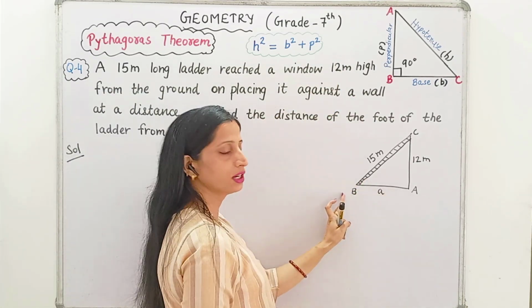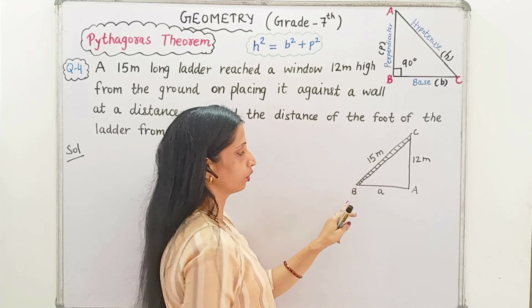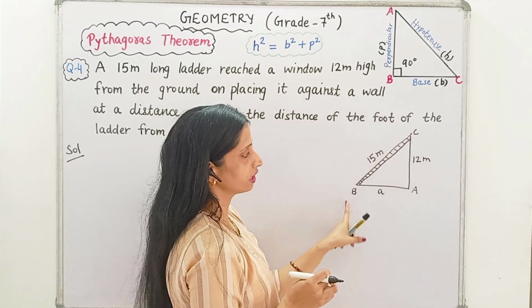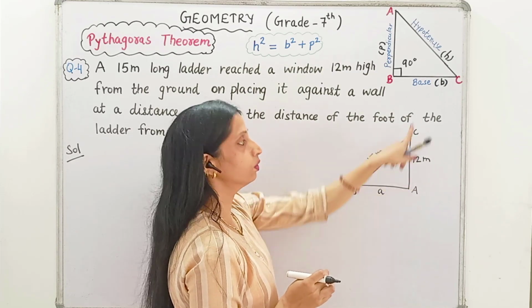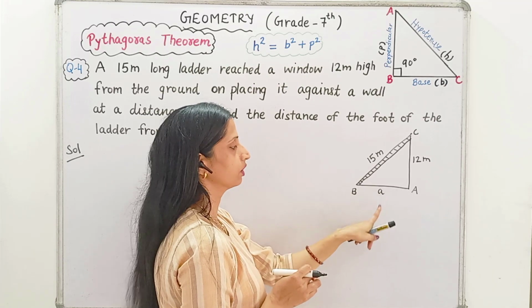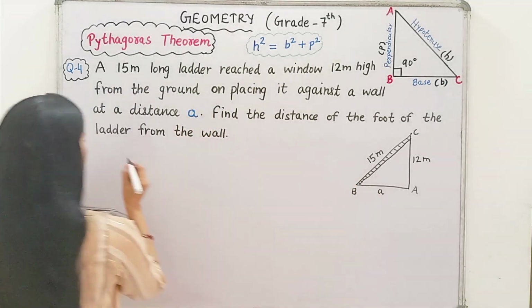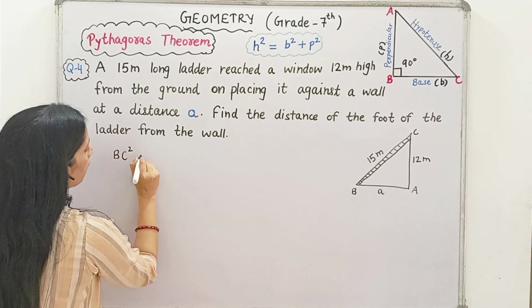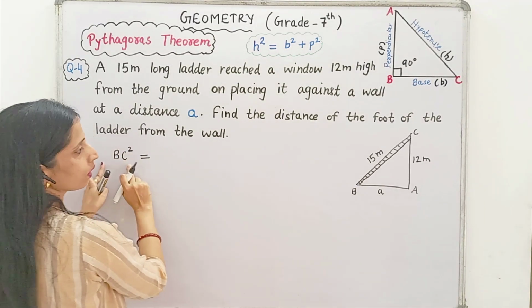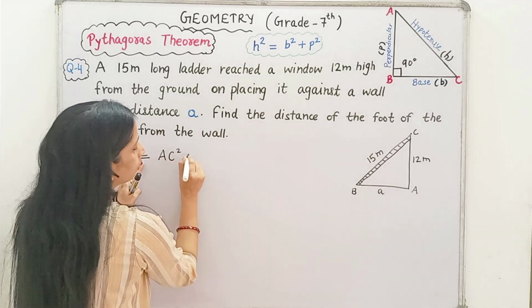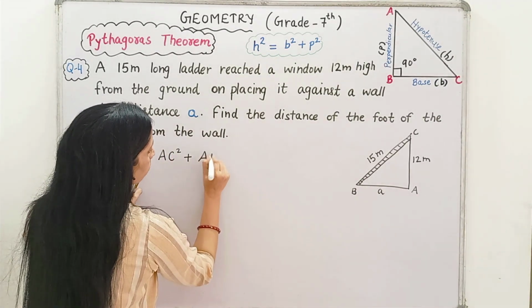So simply we will apply the Pythagoras theorem. BC is the hypotenuse in this case. So BC square will be equal to AC square plus AB square. Then we can find out the value of A. So let's write it down. As per Pythagoras theorem, BC square will be equal to AC square plus AB square.